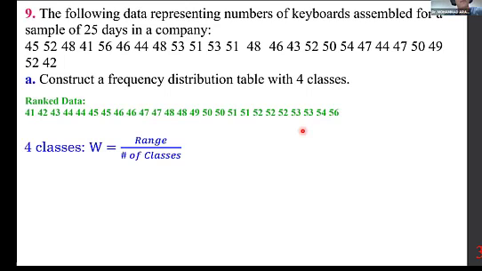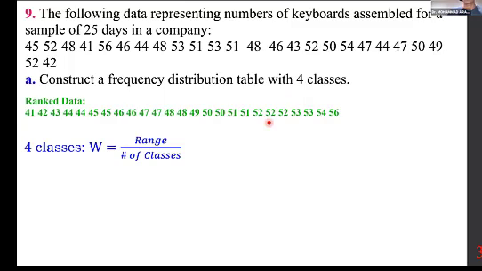Now, there are 4 classes. So the way we estimate the width is to divide the range by the number of classes. As far as the number of classes, when you're making up your own frequency distribution table, nobody's going to tell you, but normally you want to have it manageable. So in this case, it's 4.